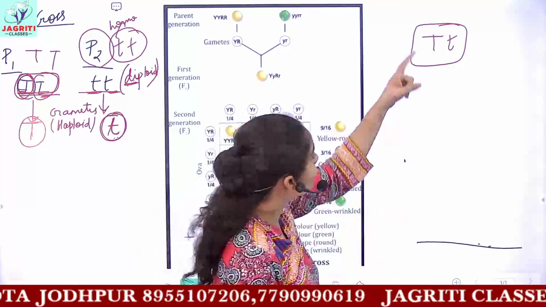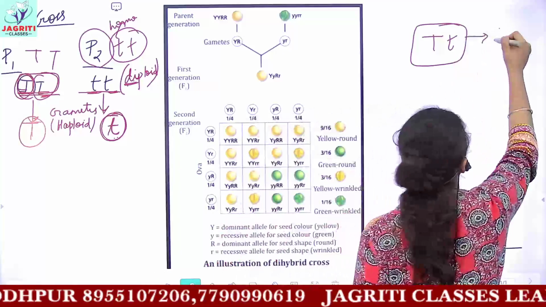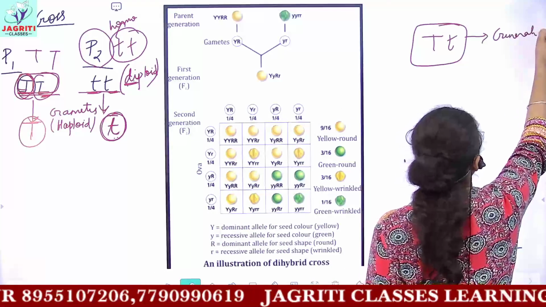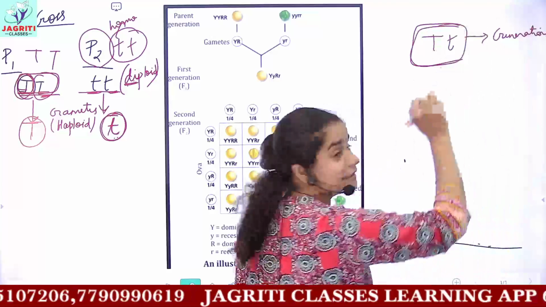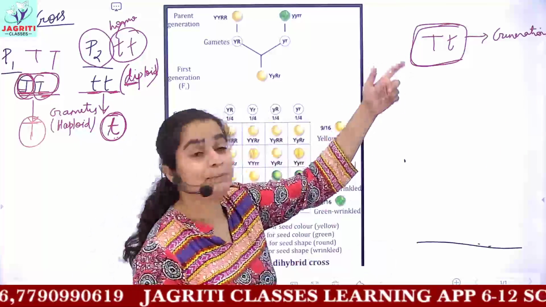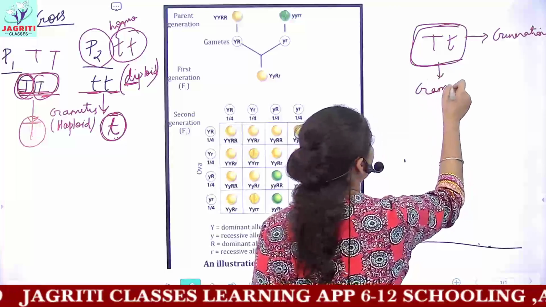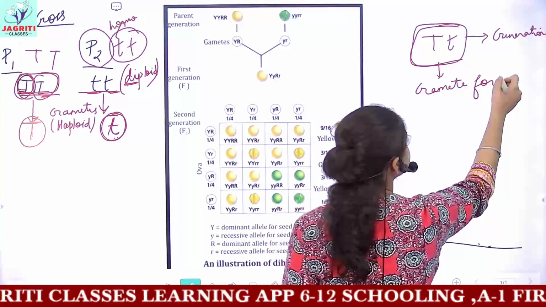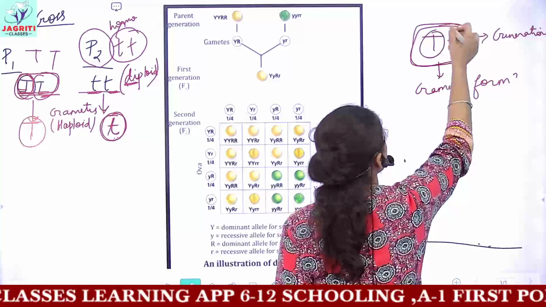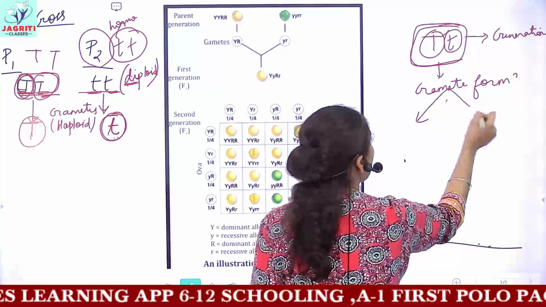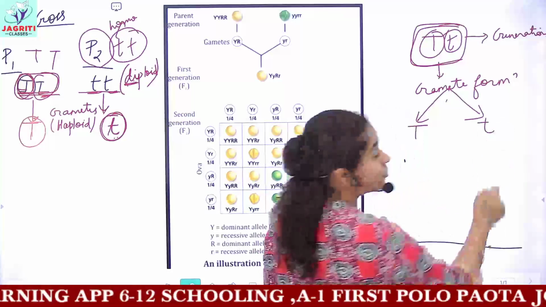So when you form the gametes, this is your one generation having the genotype capital T and small t. Whenever the gametes are being formed, what happens? At the time of gamete formation, both these alleles separate out. So you have now the separated out alleles.